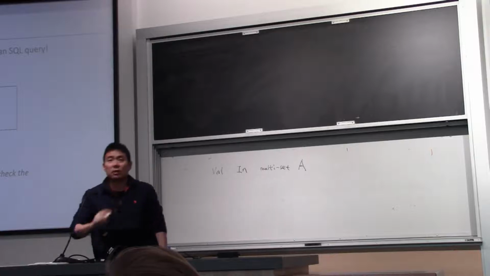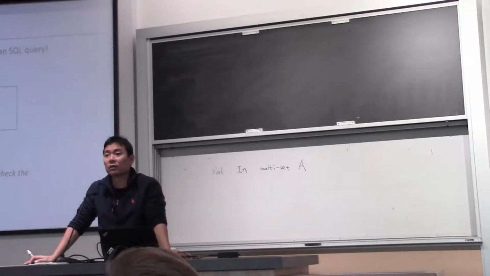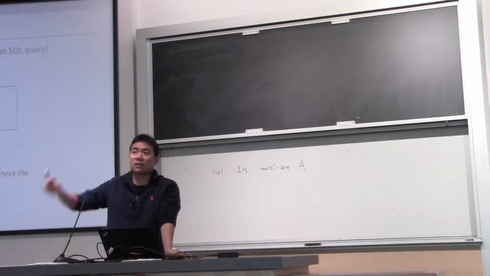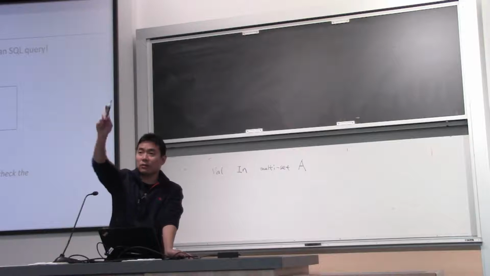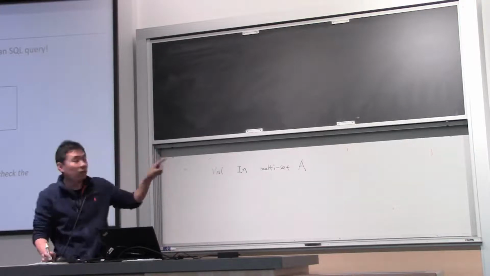Can someone tell me what's a multiset? And what's a set? What's the difference of the two? I'm going to call somebody at the back. Can you tell me what's the difference of multiset and set? Repeat the question. What was it? What's the difference between multiset and set?